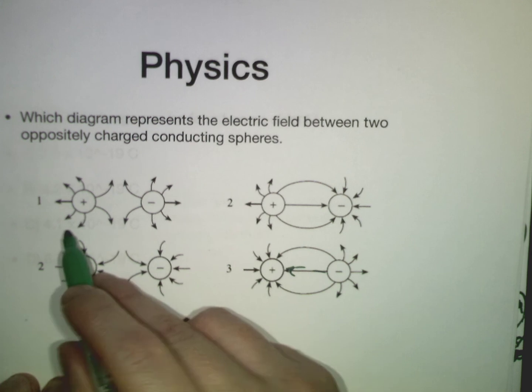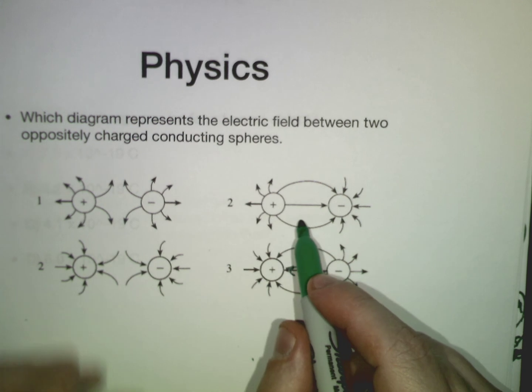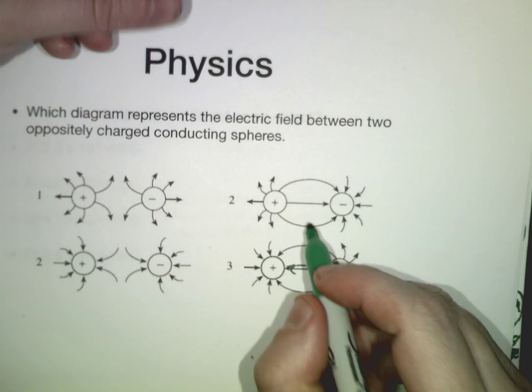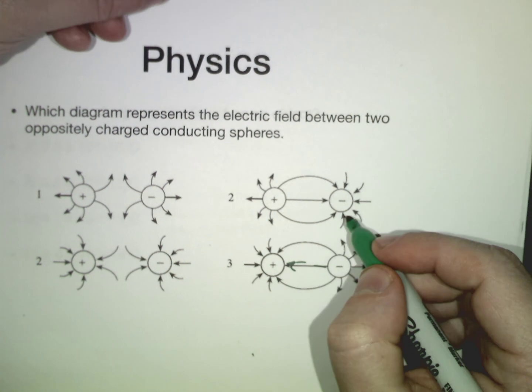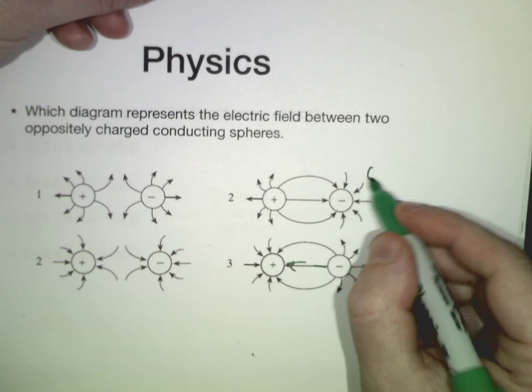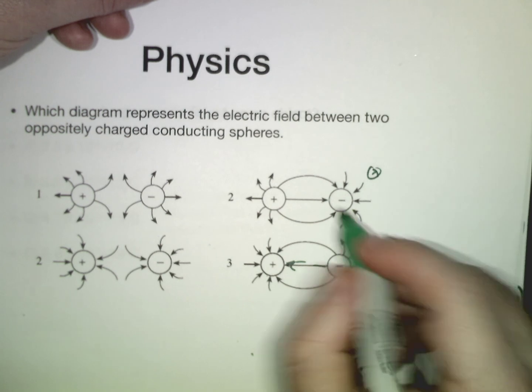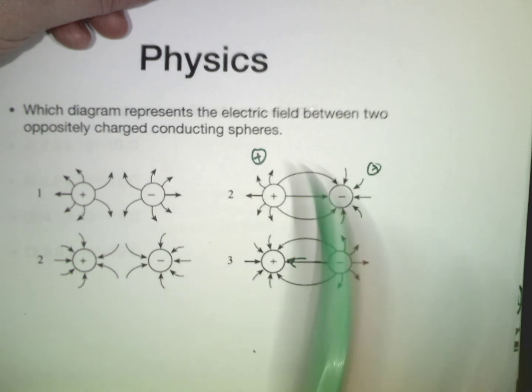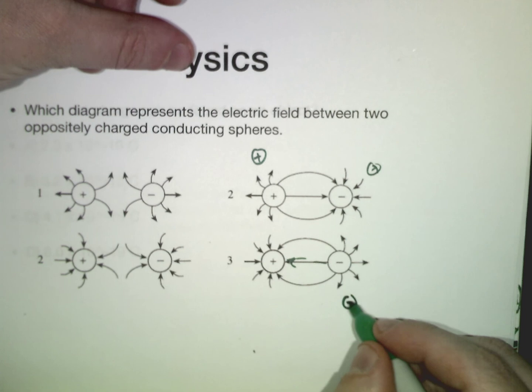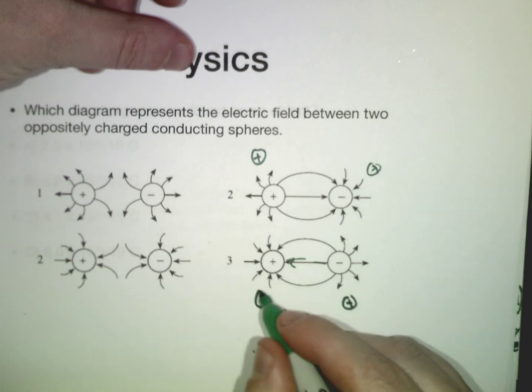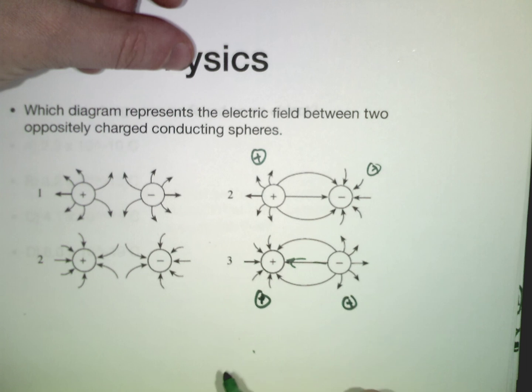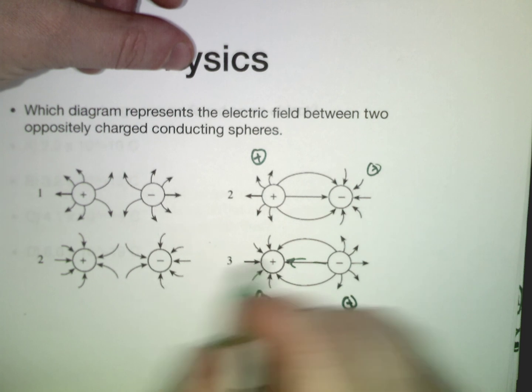So I look at this one. Okay. Let's look at this one. So a positive would be attracted here and be repelled over here. That makes sense. Here it says a positive would be repelled and attracted here. That wouldn't be true.